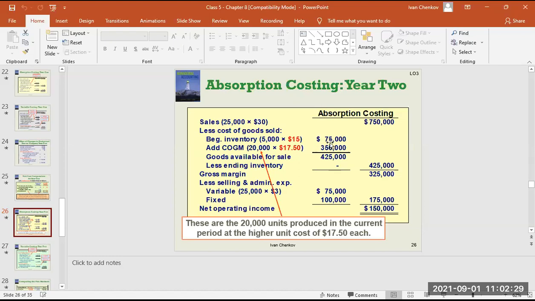And we already know that we're holding in the beginning inventory $25,000 difference between the absorption and variable. And since we're releasing the inventory, we're not having any inventory, and we're selling everything that we produce, those $25,000 are going to be transferred to the expenses.